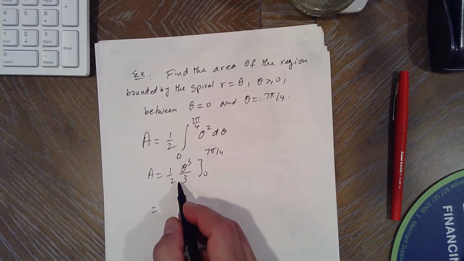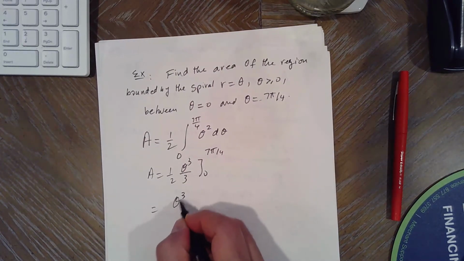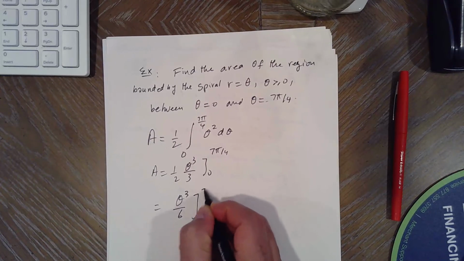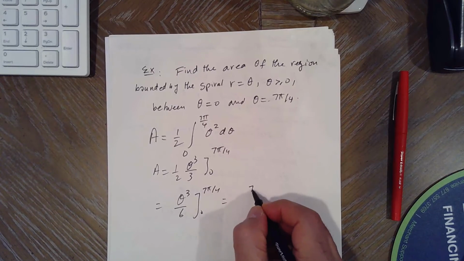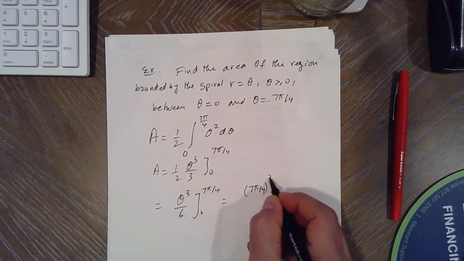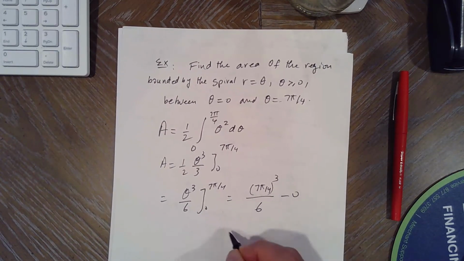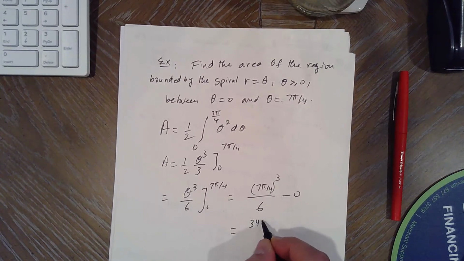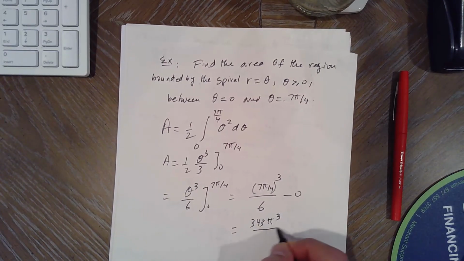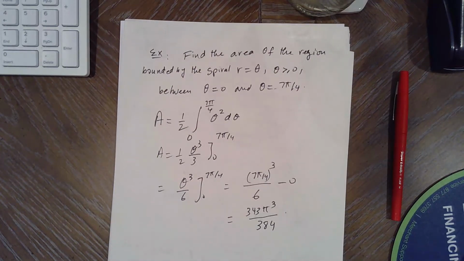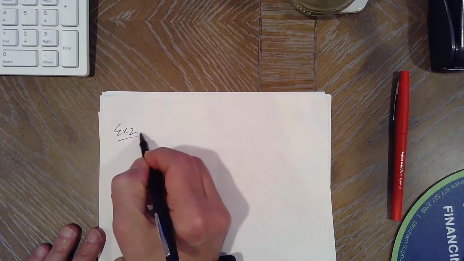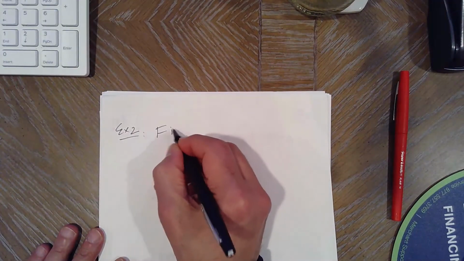So that's theta cubed over 6 between 0 and 7 pi over 4, which would be (7 pi over 4) cubed over 6 minus 0, which is 343 pi cubed over 384 square units. It's an area. Alright, that's straightforward. Example 2. We didn't even need to graph it. Sometimes it helps to graph.